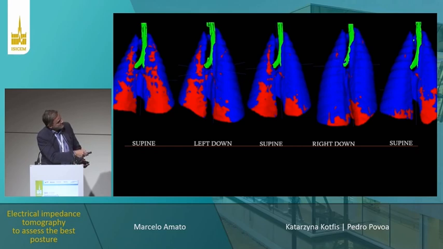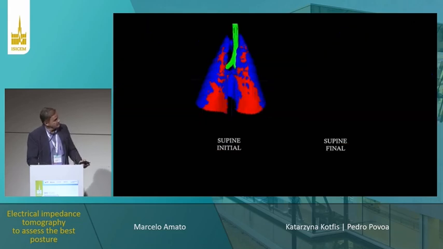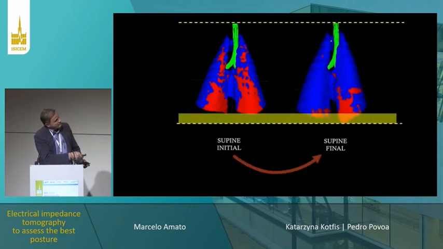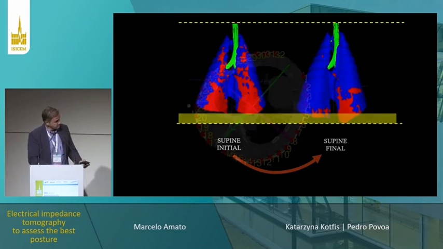Now I stretched this lung without changing PEEP, so you see an immediate decrease in atelectasis. And at the end of the process, which takes 15 minutes, the animal is much more recruited. So this is the initial situation and the final situation. Just changing the position of the patient, the lung got bigger, much less atelectasis.